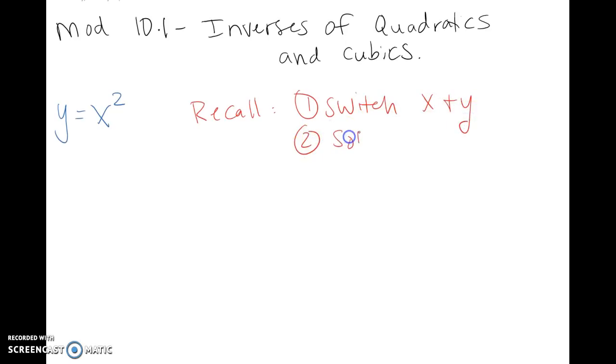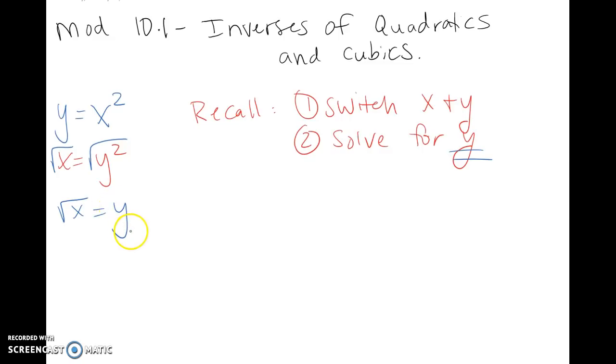And then step 2 is to solve for y. So if I do that here, I would write x here and y here. And then since I'm solving for y, I'm going to take the square root of x, and I'm going to get that the square root of x equals y.